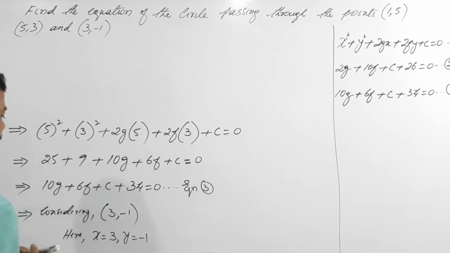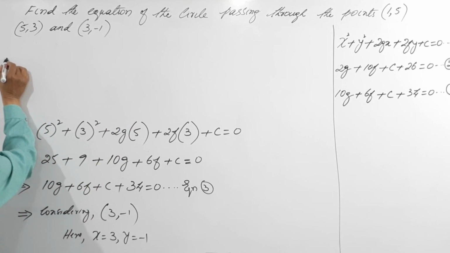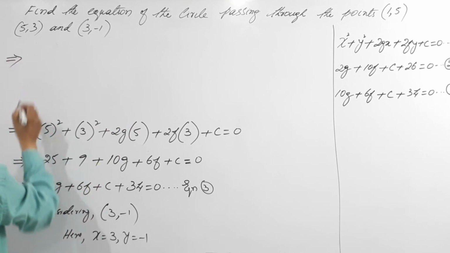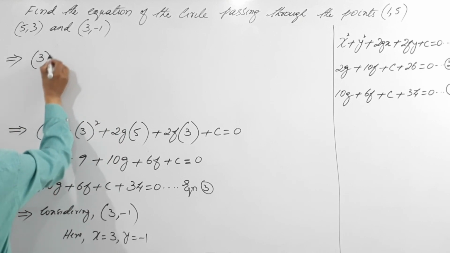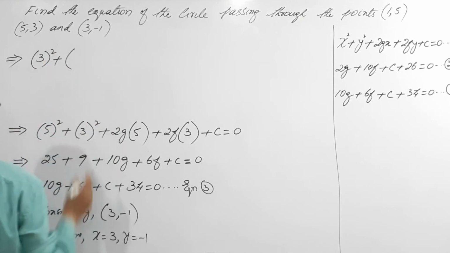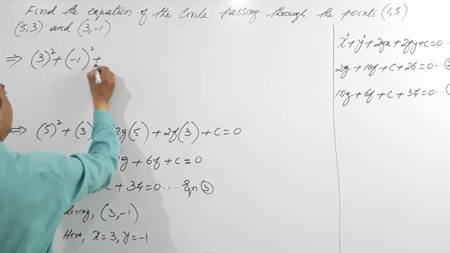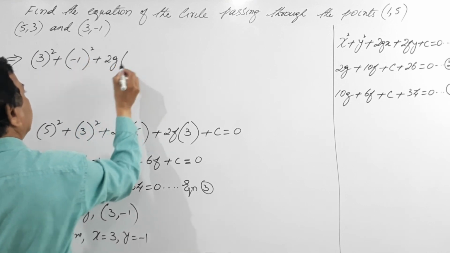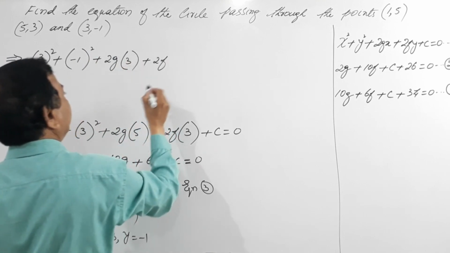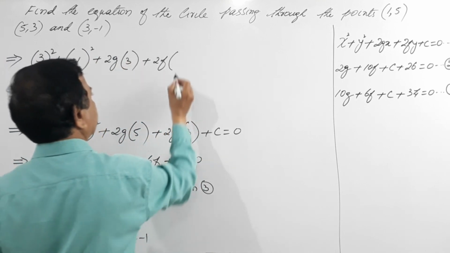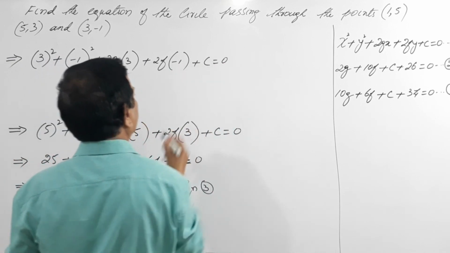So equation 1 becomes x square, that is 3 square, plus y, that is (-1) square, plus 2g, x is 3, plus 2f, y is -1, plus c equals to 0.